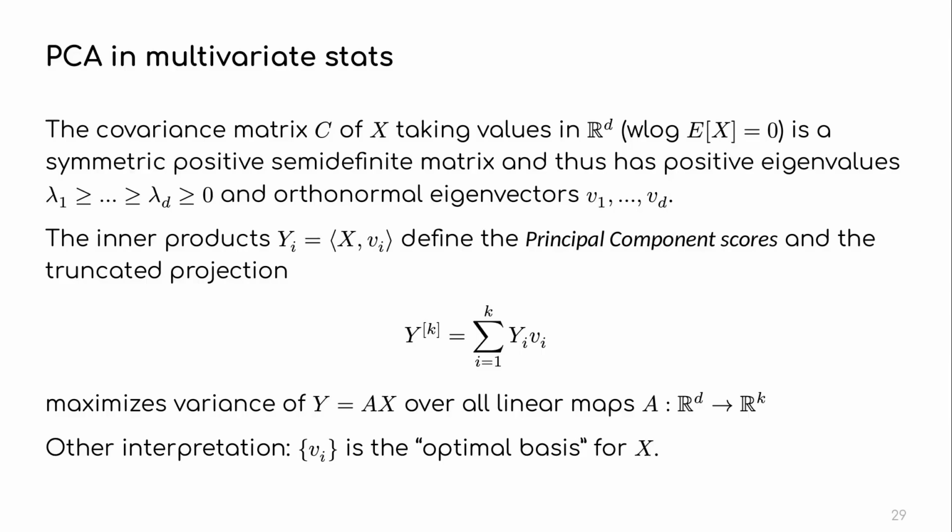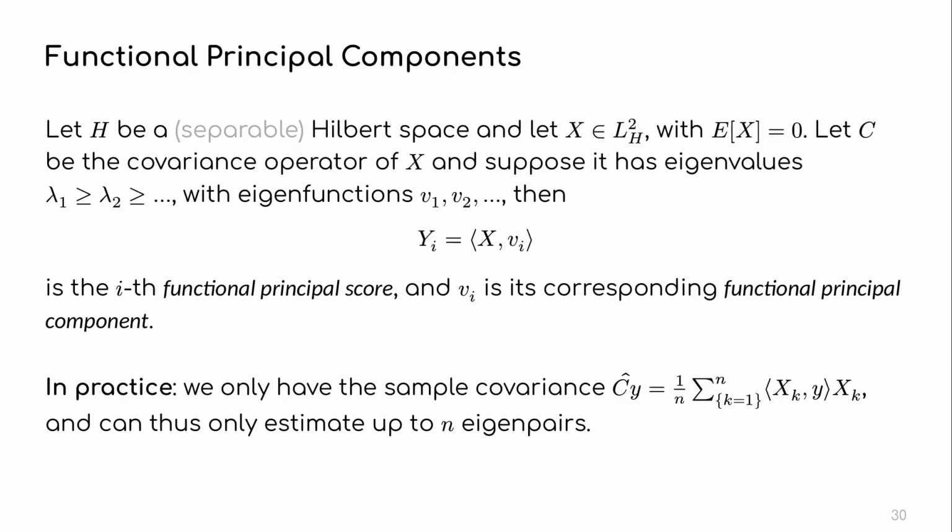So that's finite dimensions. We do the same in infinite dimensions. So again, suppose I have a Hilbert space, and suppose I have a random function with finite second moments, and assume that the expectation is 0, otherwise we can center it, so it's no big deal.